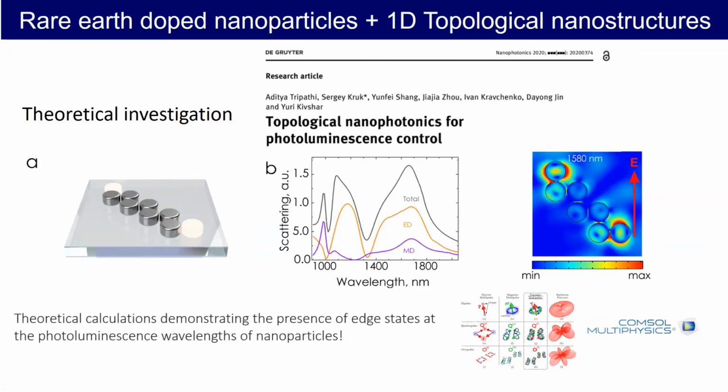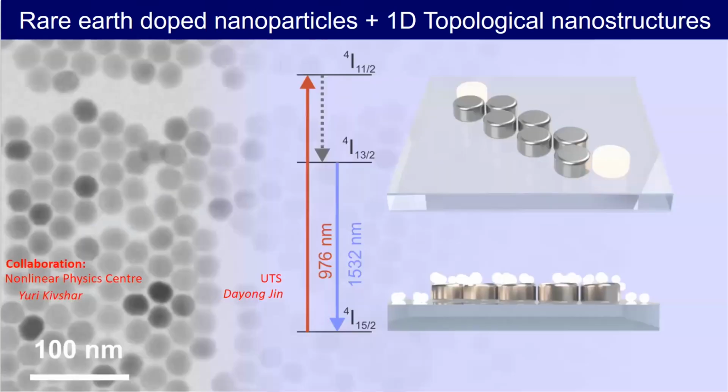Theoretical calculations demonstrated that we have a good edge state response at around 1500 nanometers. Now, this 1500 nanometers also happens to be the active wavelength for rare earth doped nanoparticles, which is another active media, which our collaborator at University of Technology Sydney, Professor Dayong Jin, specializes in.